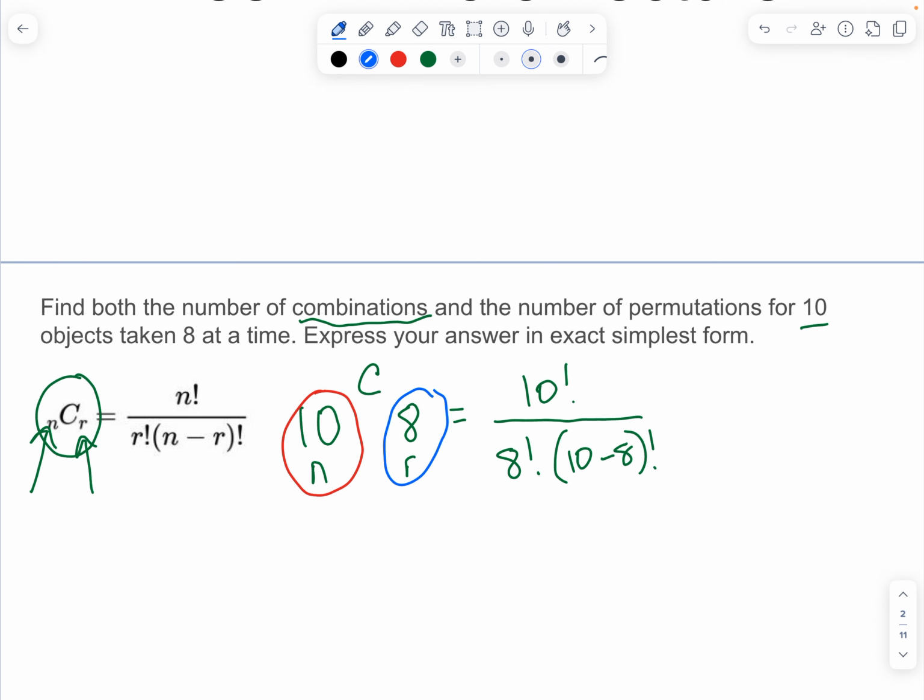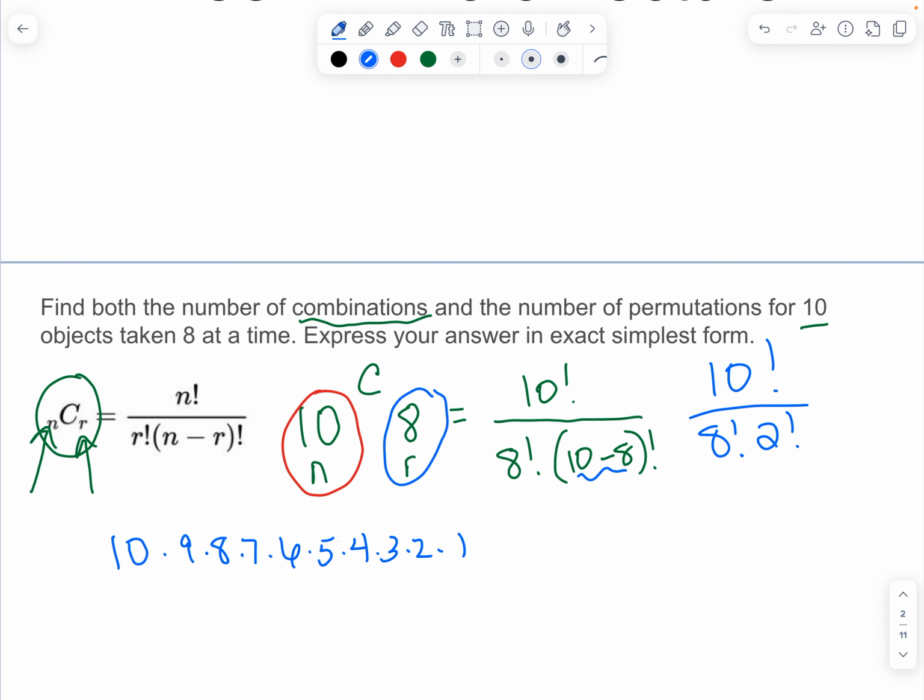Let's simplify this. So up top we have 10 factorial. Down below, I have 8 factorial. And then 10 minus 8 is 2 factorial. Okay, so let's see here. So hopefully we know now that by doing factorials, up top we have 10 times 9 times 8 times 7 times 6 times 5 times 4 times 3 times 2 times 1.